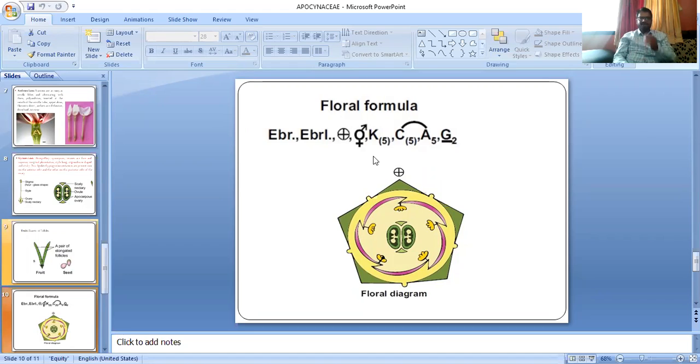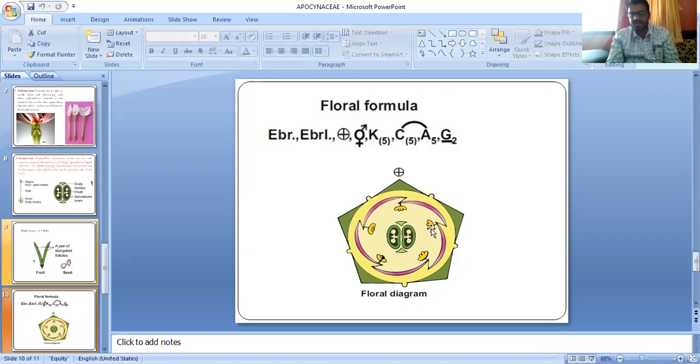Means in the floral formula: ebracteate, ebracteolate, actinomorphic, bisexual, sepals 5 gamosepalous, petals 5 gamopetalous, stamens also 5. They are polyandrous and epipetalous, and gynoecium bicarpellary, apocarpous, and superior. So this is the description of floral formula.